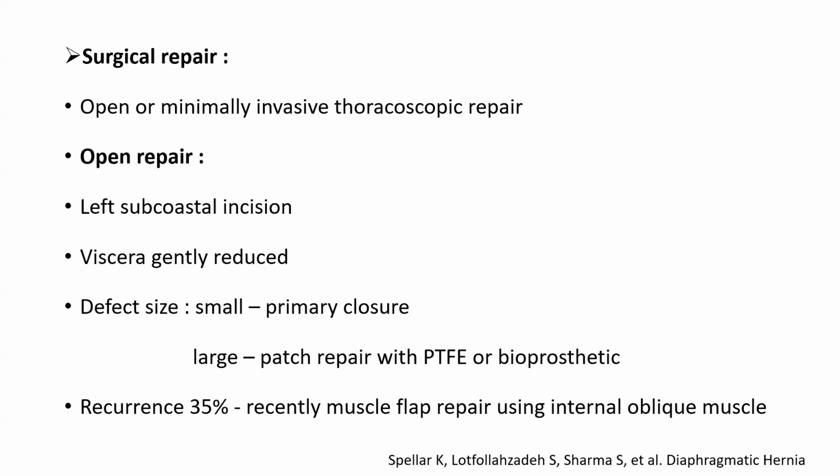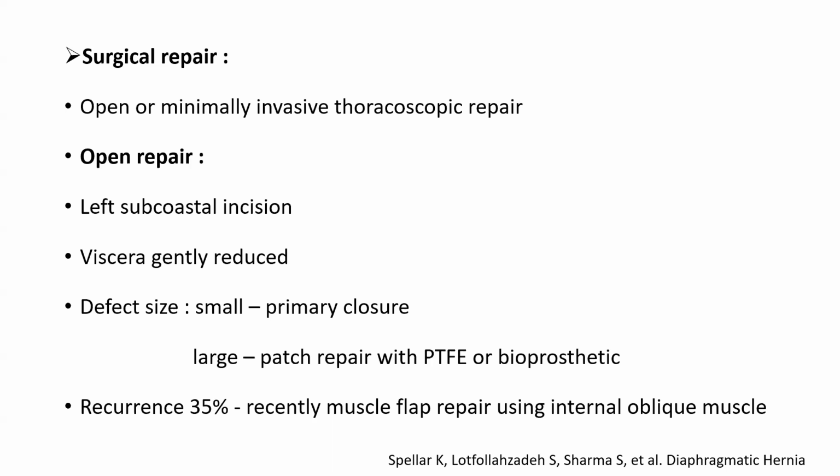And once the hernia has been reduced, malleable retractors can be used to keep the viscera reduced and out of the operative field. If the diaphragm can be closed with minimal tension, then primary repair can be performed. If the defect is too large for primary closure, then a patch must be used.